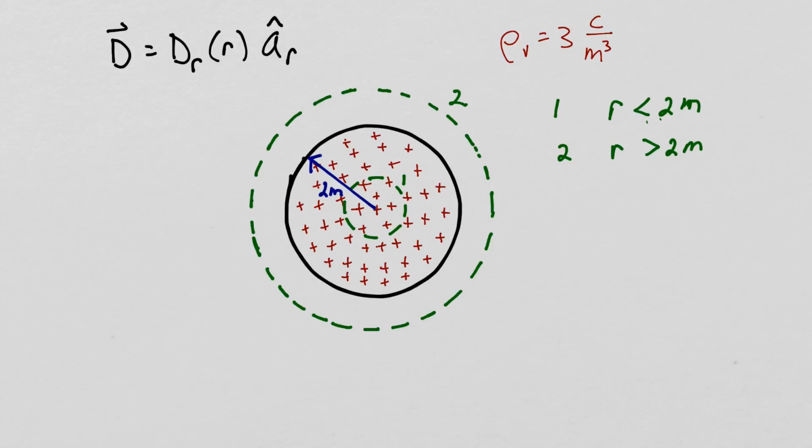When the radius of the Gaussian surface is less than 2 meters, it's always inside your charge distribution. When the radius of the Gaussian surface is greater than 2 meters, your charge distribution is always inside your Gaussian surface.